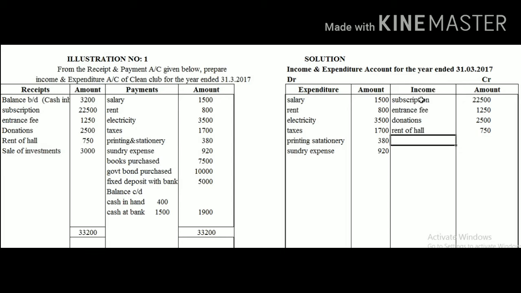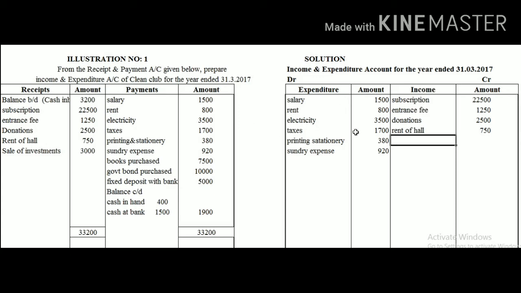The next item is sale of investment. Sale of investment is an asset of the institution. So it does not show in income and expenditure account. It is the capital income of the institution.